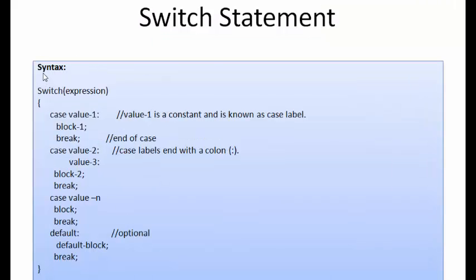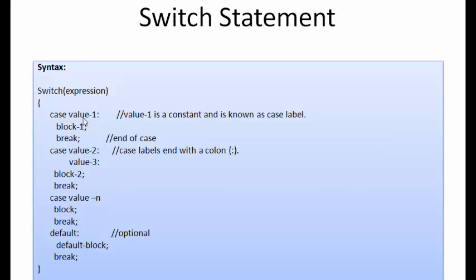Let's look at the syntax. The switch keyword has an expression, and inside the switch block we have a case keyword which has a value ended with a colon. So if the expression matches value 1, then the controller will read block 1.